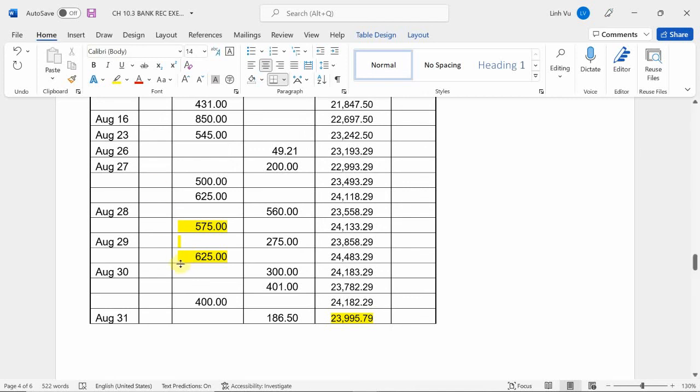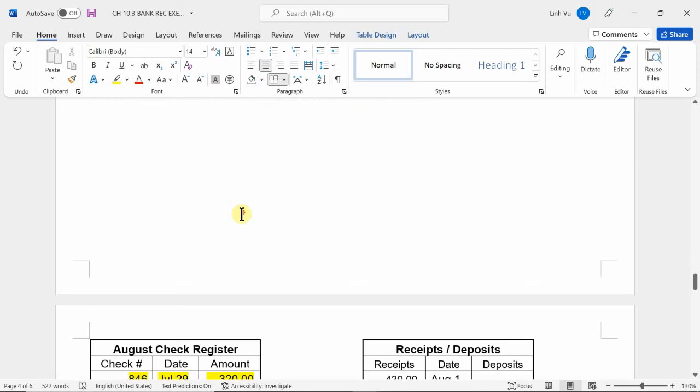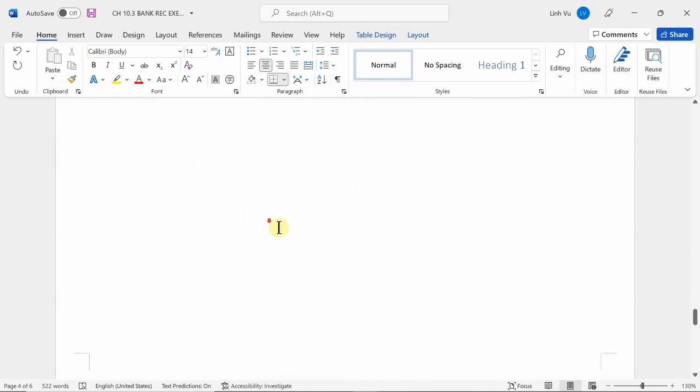Try again. 1,000, keep going, 1,200. You have to add these two together, not subtract them. Stacy, you're adding these two together because you have a deposit for $575 and another deposit for $625. So you have a total of $1,200 on hand.